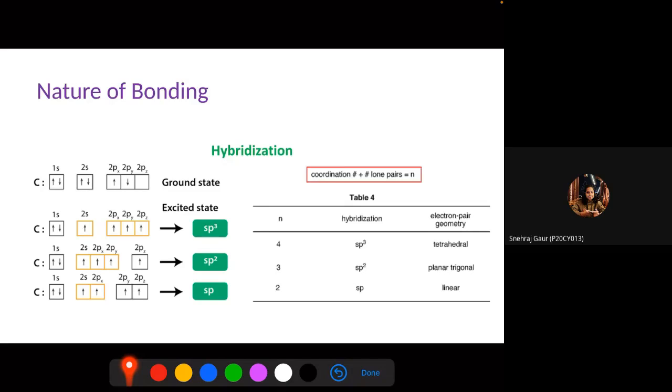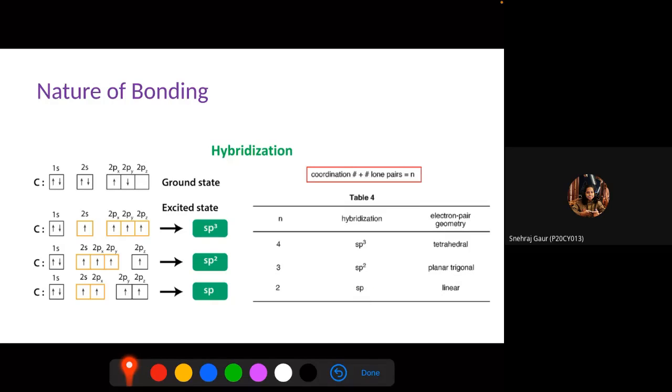What this bonding leads to, on the right-hand side, is that different hybridizations give different geometries. You have a tetrahedral geometry for sp3 hybridization, a planar trigonal geometry for sp2 hybridization, and a linear geometry for sp hybridization.